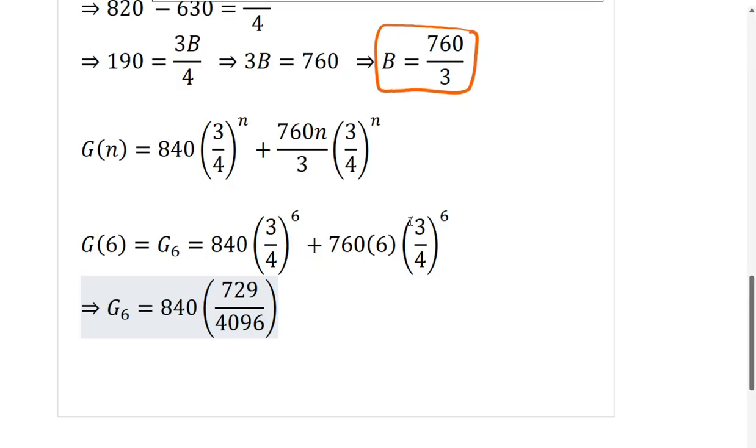And then 760 by 6 is plus 4560, 60. And again by 729/4096.